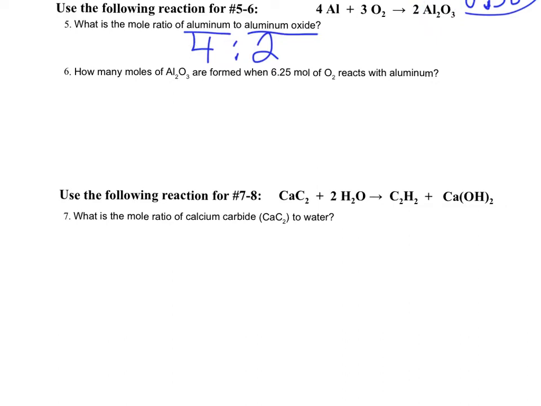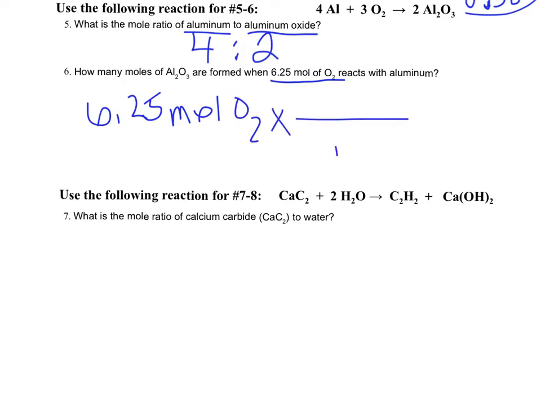How many moles of aluminum oxide are formed? So you're starting with 6.25 moles of oxygen.